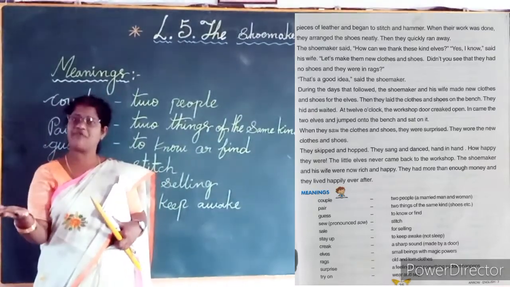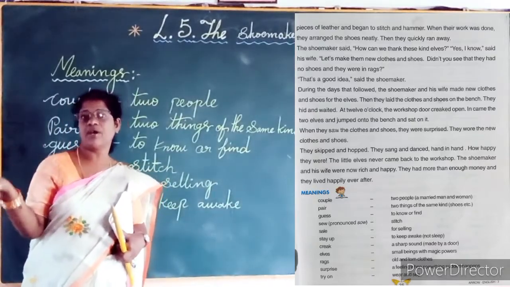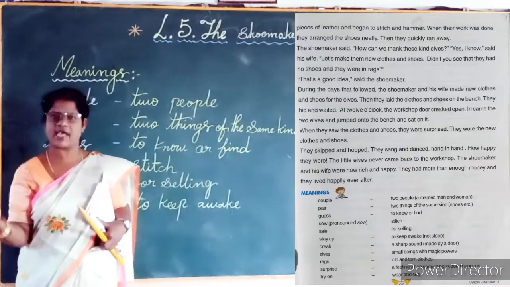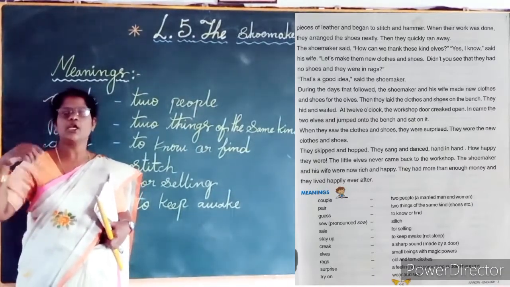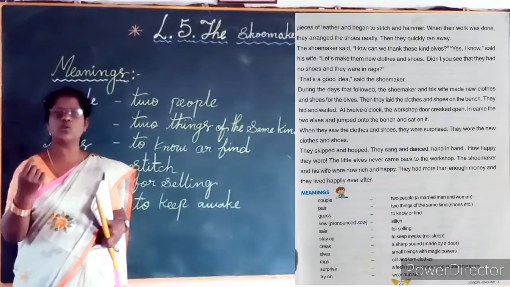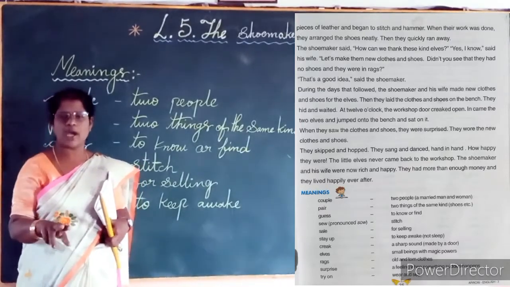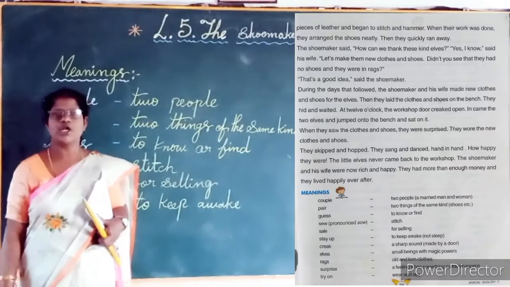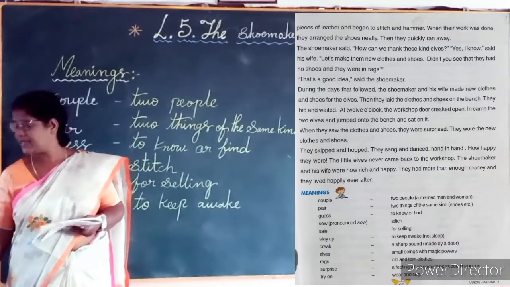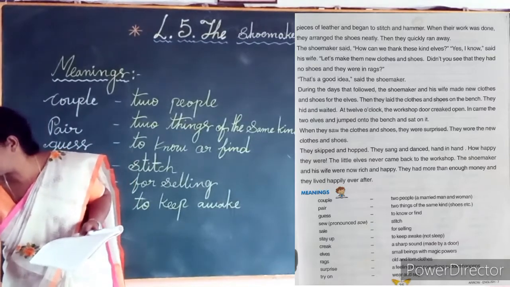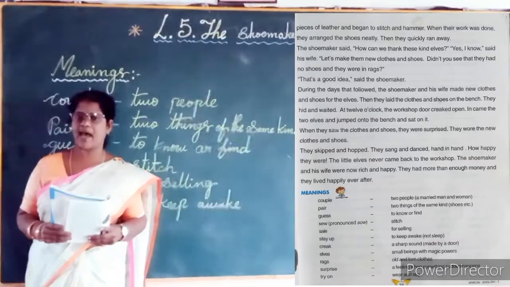We will do one favor for them. What will we do? They are discussing between them. And lastly they decided to stitch new clothes and a new pair of shoes for those two elves. The husband said, yeah, this is a very good idea.